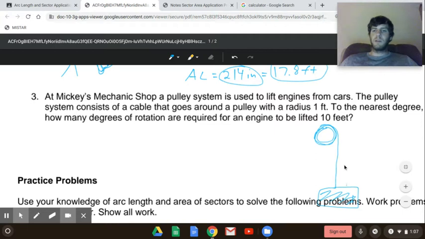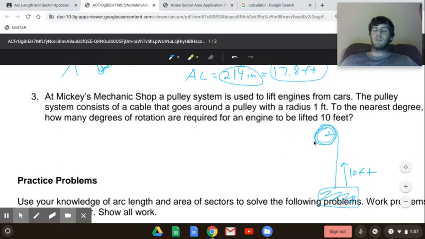Okay, we want to lift the engine up 10 feet. And the radius of the pulley is 1 foot. All right, so what we want to do is figure out how many times we have to rotate this to pull it up 10 feet.